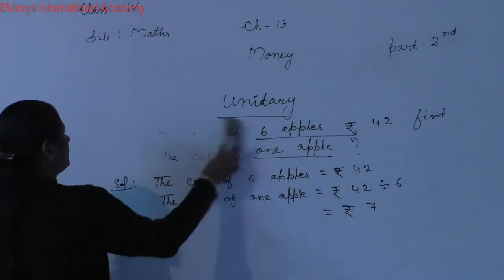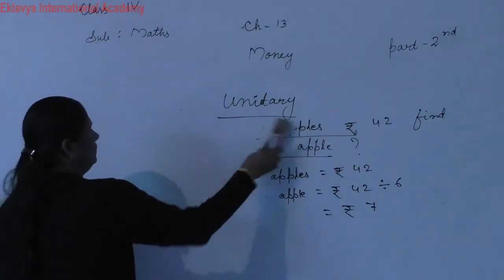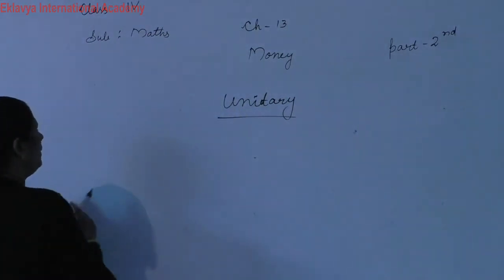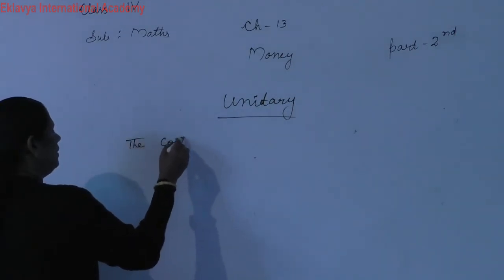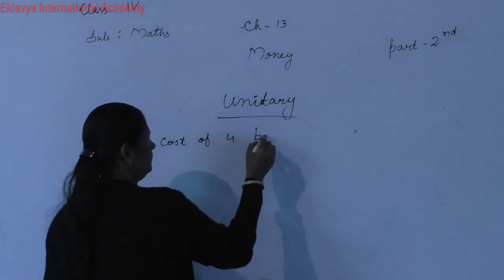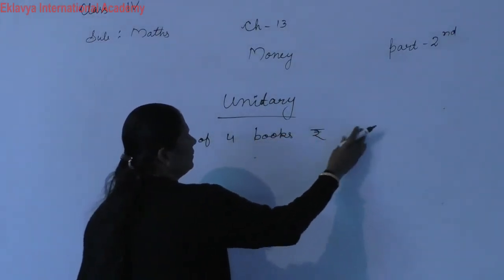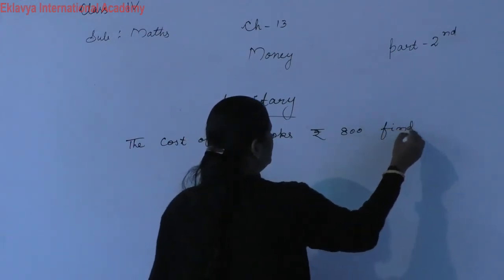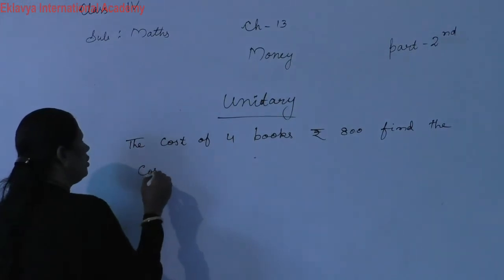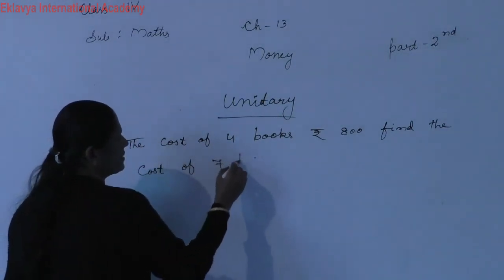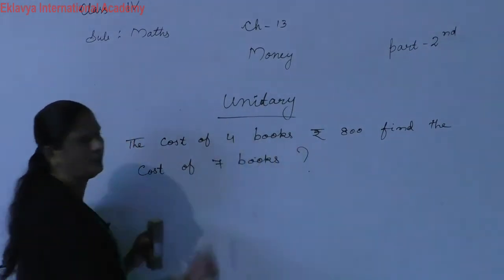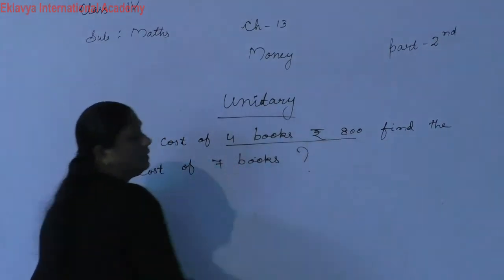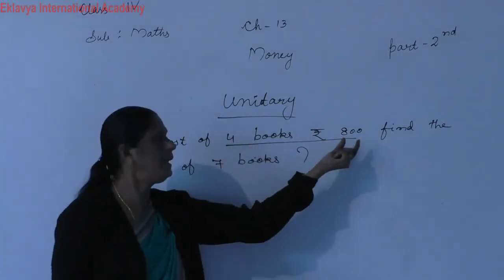Then next: the cost of 4 books is rupees 800.